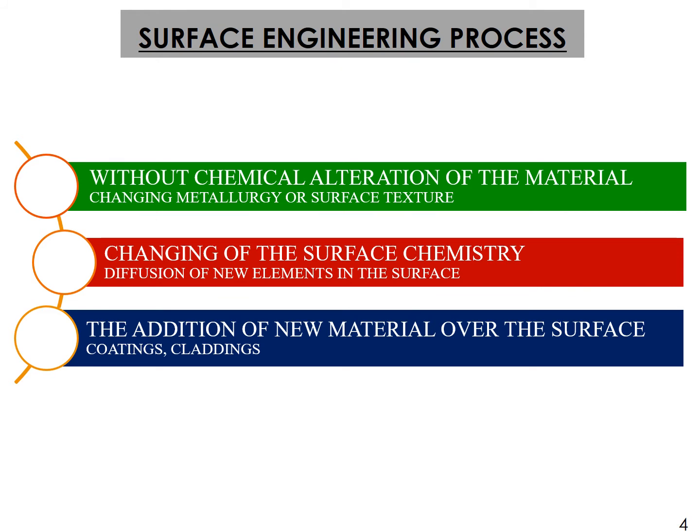Then comes changing the surface chemistry. Now we can change the chemistry of the surface by infusing some atoms or some molecules, by making some chemical reactions, and then by adding a new material onto the surface. Altogether a new material, maybe a new composition, onto the surface. So that is the sort of coatings or claddings that are widely done in the world. So we will discuss in brief these three processes just to have a clear understanding.